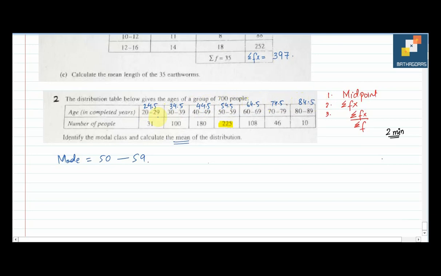Now we need to find out summation fx. So we need to multiply 31 by 24.5, and that is equal to 759.5.